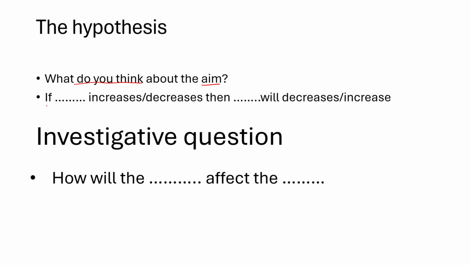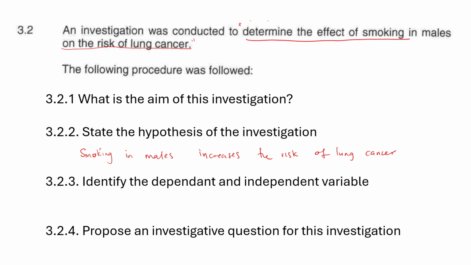You just say if something increases or decreases, then something will decrease or increase. You just make sure that you mention those variables that are on the aim of the investigation. So a hypothesis is always correct. They always make it correct. It is what you think about the aim.